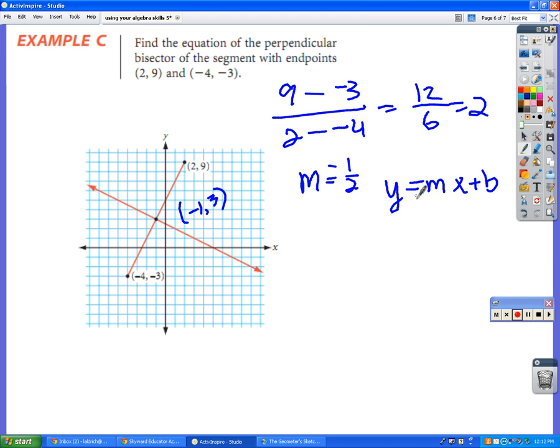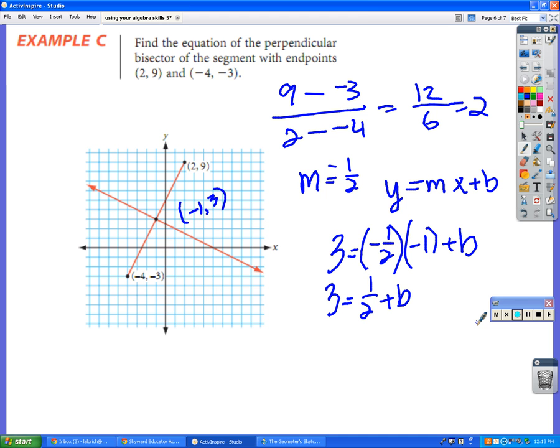Okay? So I'm going to rewrite this as 3 equals -1/2, because that's the slope, times -1, because that's the x-coordinate, plus b. Okay? What's -1/2 times -1? Negative times a negative is a positive, so it's going to be +1/2.